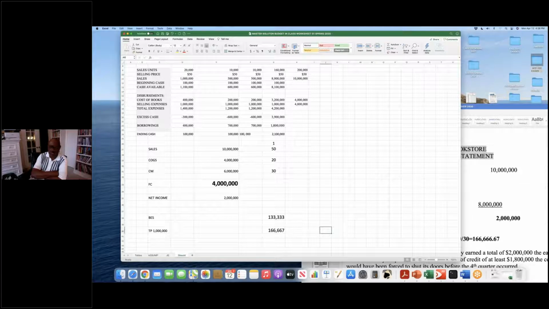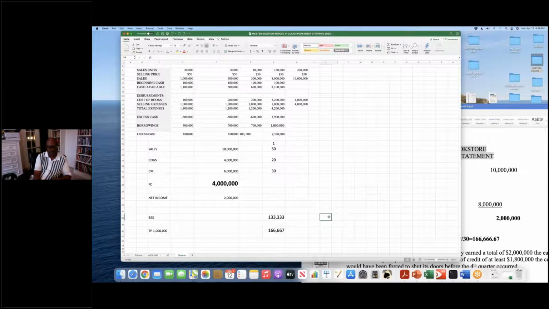Buford, maybe you better tell them how you did it. Well, I just used the target profit formula, and that's fixed cost plus... You might need to tell them the break-even formula first. I'm sorry. The break-even formula is fixed cost divided by contribution margin.